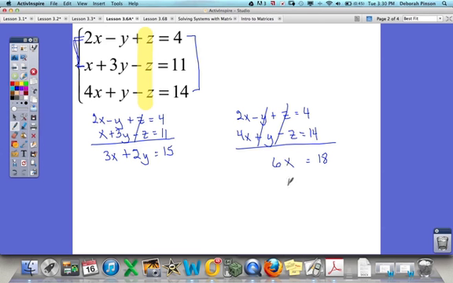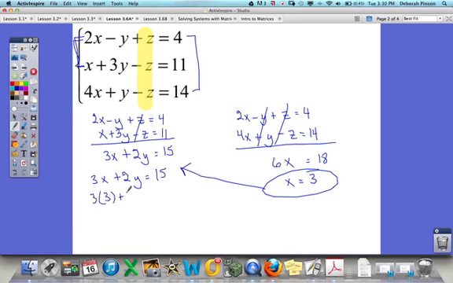I can actually solve here. X is 3. Now this is super lucky for me because I know x, so I'm just going to plug it in over there and get my y. Oops, I didn't actually plug my x in. That's not a good thing. Let me do that. So 9 plus 2y equals 15.